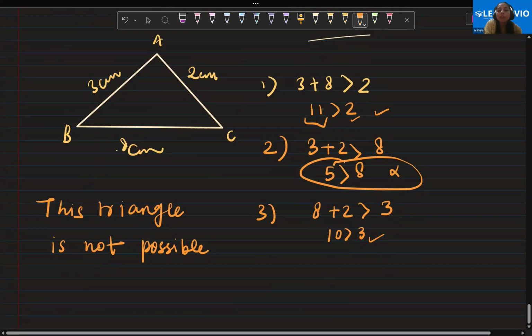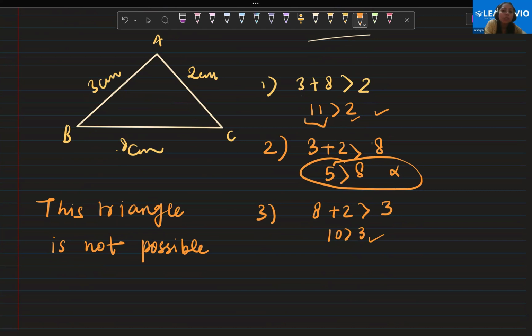Now, if we did the same thing here, added two sides, 3 and 8, we got 11, which was greater than 2. But when we added these two sides, 3 and 2, the sum was smaller than 8. And what did we want? We wanted them to be bigger, but they were smaller. So in this case, this was not valid. 8 is greater than 5.